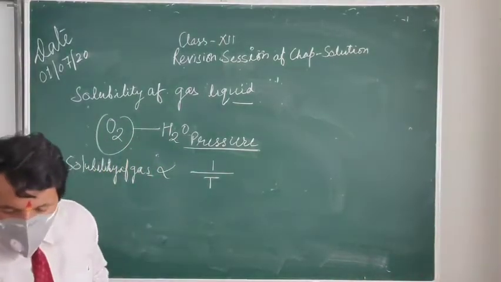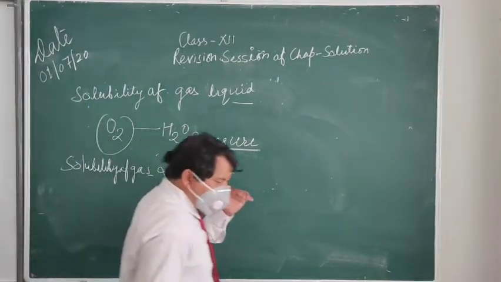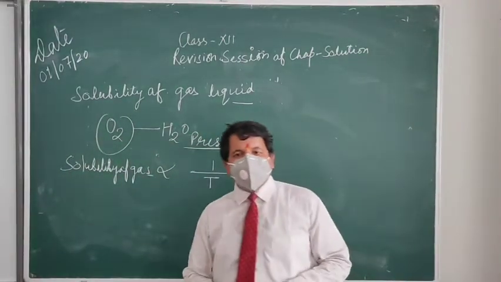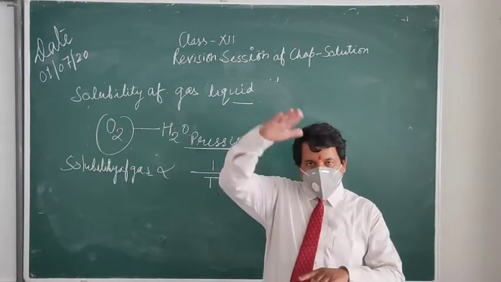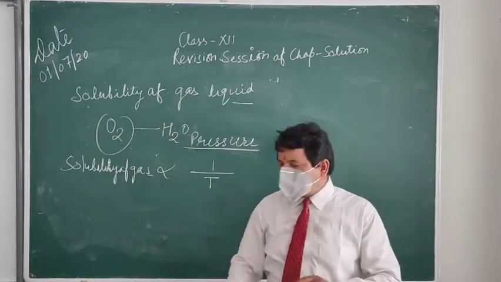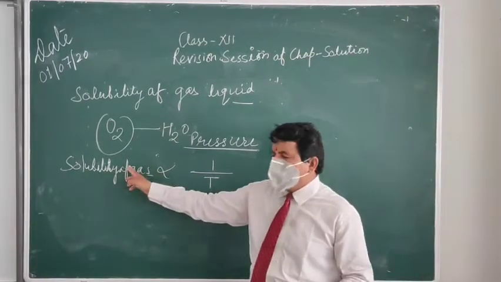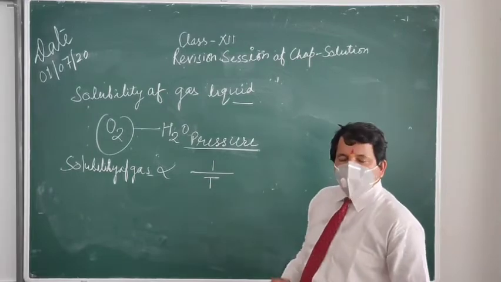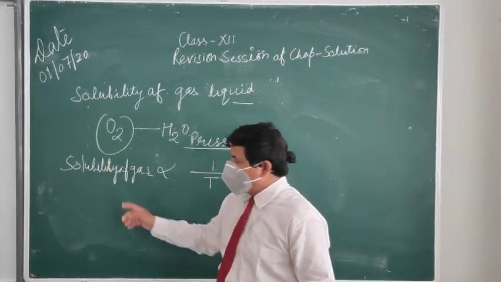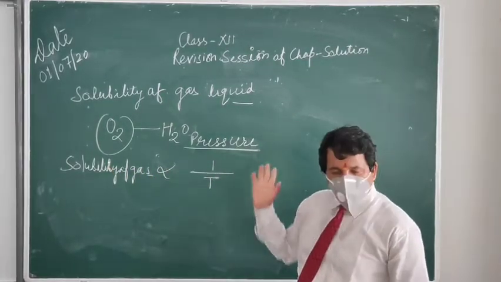Whenever the temperature increases, the solubility of gases in liquid will decrease. One is increasing, the other will decrease. And when the temperature goes down, the solubility of gases in liquid will increase.